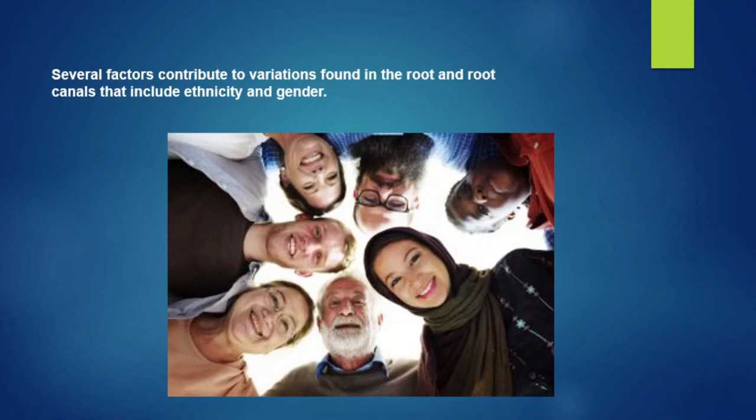In contrast, American Arctic and Western Euro-Asian populations had a lower incidence of the accessory root. So, such anthropological data could provide valuable information regarding the likelihood of having an additional root in a specific tooth of a specific ethnic population.